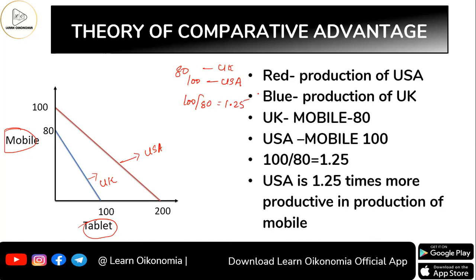This is 1.25. So US is actually 1.25 times more productive in the production of mobile phone. This is what we could understand from this.